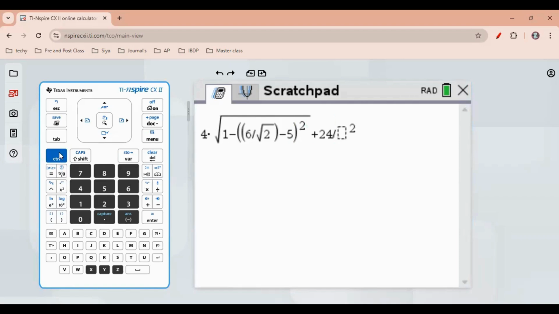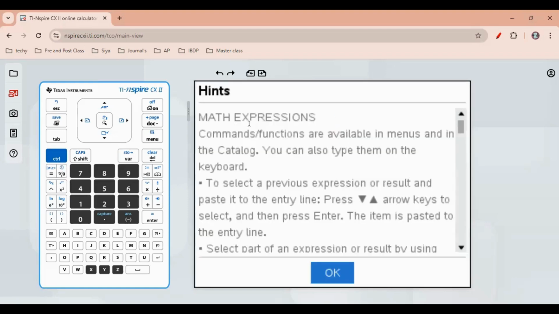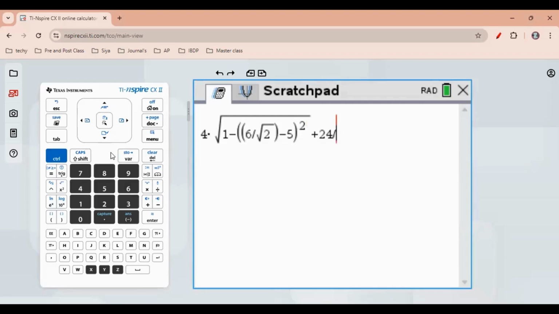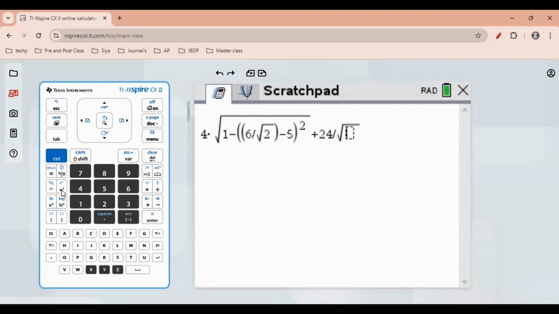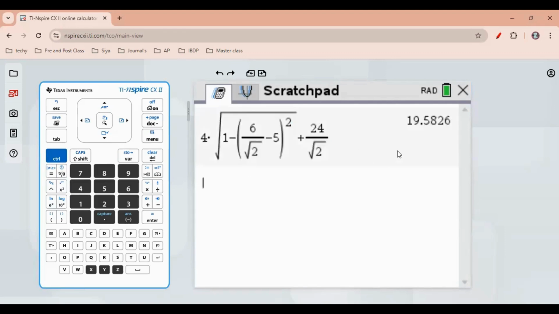Control and root, 24 by root 2. That's it. Let's hit enter, and we got 19.